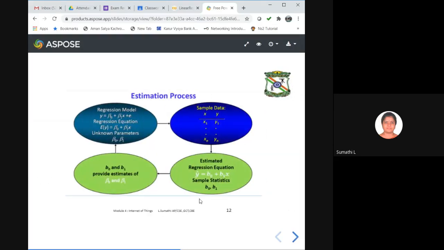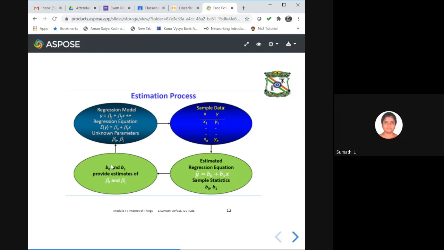As an overall picture, I will be given sample data and I have to find a straight line. I can use simple statistics, and we will see how, to find B naught and B1. But this will not help me if I have a large data set and I want my machine to construct the line with minimum error.